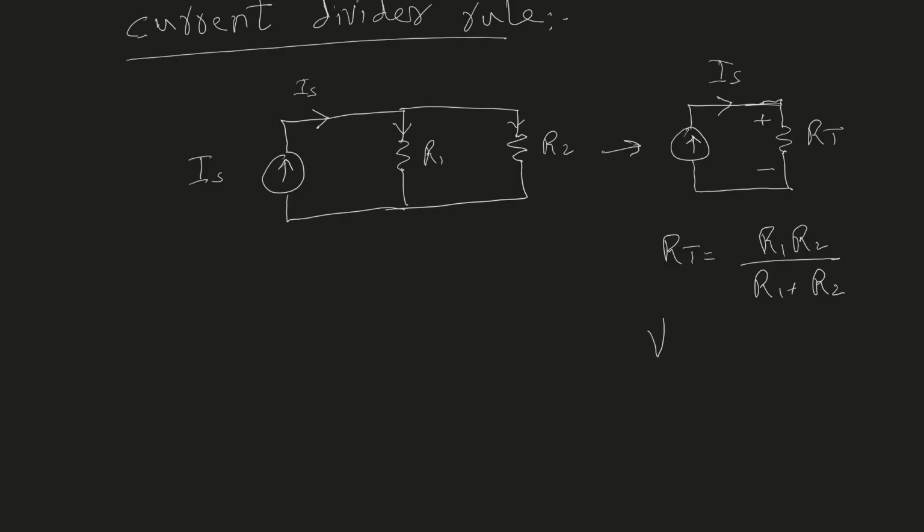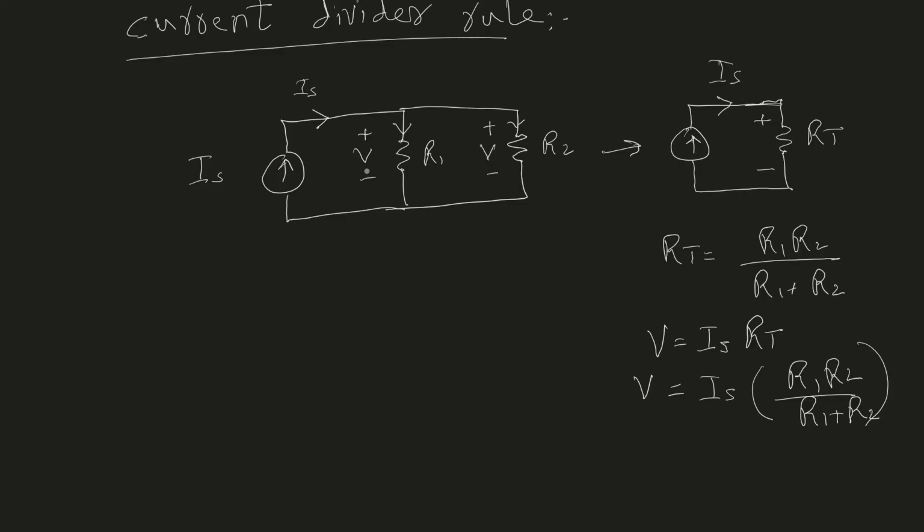So therefore the voltage would be IS times R total, which is IS times R1 R2 divided by R1 plus R2. So this is the voltage drop across the resistor R total. And because the 2 resistors are parallel, both of them will have the same voltage across them. So that's basically the first step that we need to find this voltage.